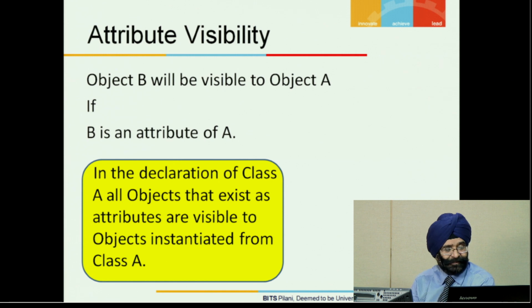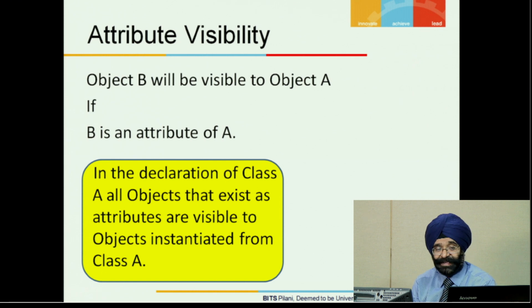We have mentioned that we refer to it as attribute visibility when object B has been instantiated as an object, as an attribute in the class from which object A has been instantiated.